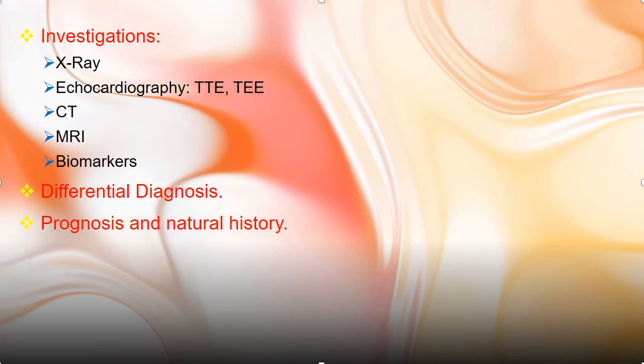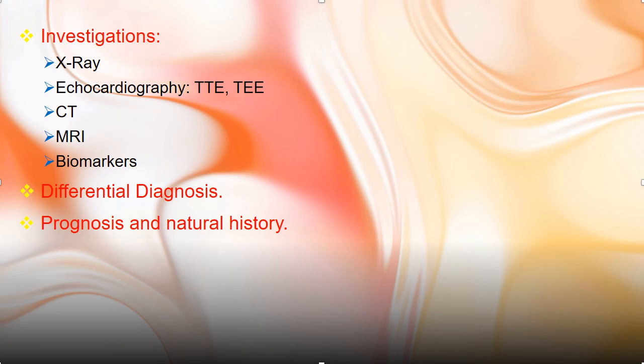As for differential diagnosis, we can say it is a great masquerader in cardiology because it affects the chest, GIT, lower limb, head and neck, and brain. A lot of differential diagnoses may be caused by aortic aneurysm. The natural history of aortic aneurysm is that it usually increases at a rate of 0.1 to 0.2 centimeter per year, that is 1 to 2 millimeters per year, unless there is aortic dissection.